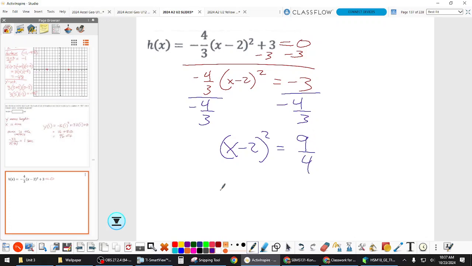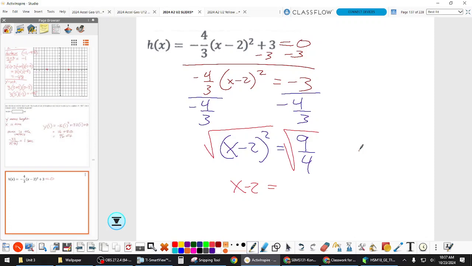Okay? If you did it as a decimal, what is the decimal for 9/4? 2.25. Yes, 2.25. Okay, next step is to do what? Square root. Left side gets to x minus 2, it just cancels the squared. How do you square root a fraction?